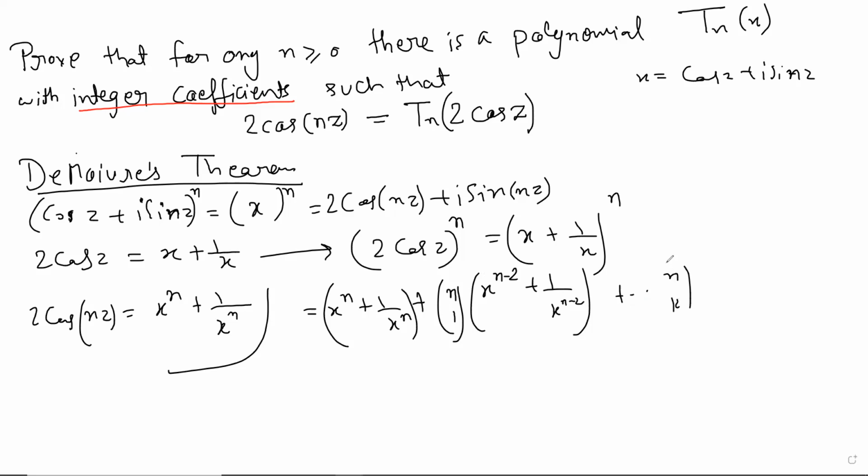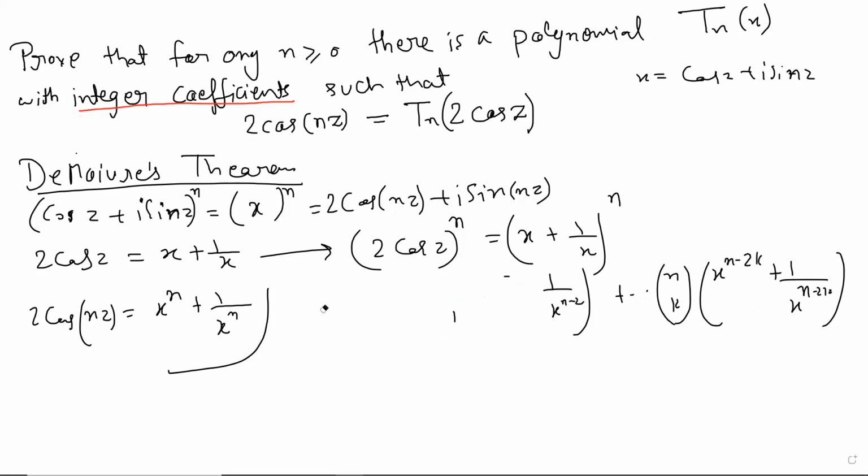The general term would be n choose k, and this would be x to the n minus 2k plus n minus 2k. But k will only go up till n by 2. So let us just erase that and write this only. So tk will come in, right?